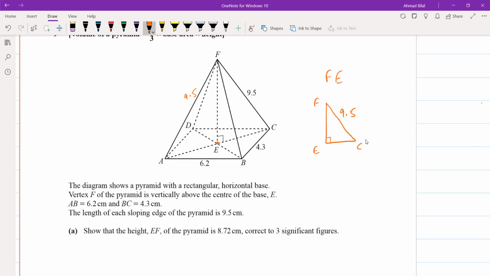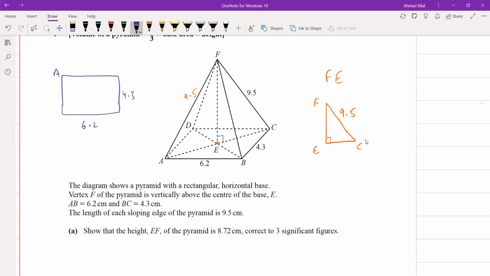We don't have any other information. क्या हम EC निकाल सकते हैं किसी तरह से? We can, because we know there's a rectangle in the base. So base आपकी rectangle है और उस rectangle के अंदर you are given the length, that is 6.2, and the width, that is 4.3.